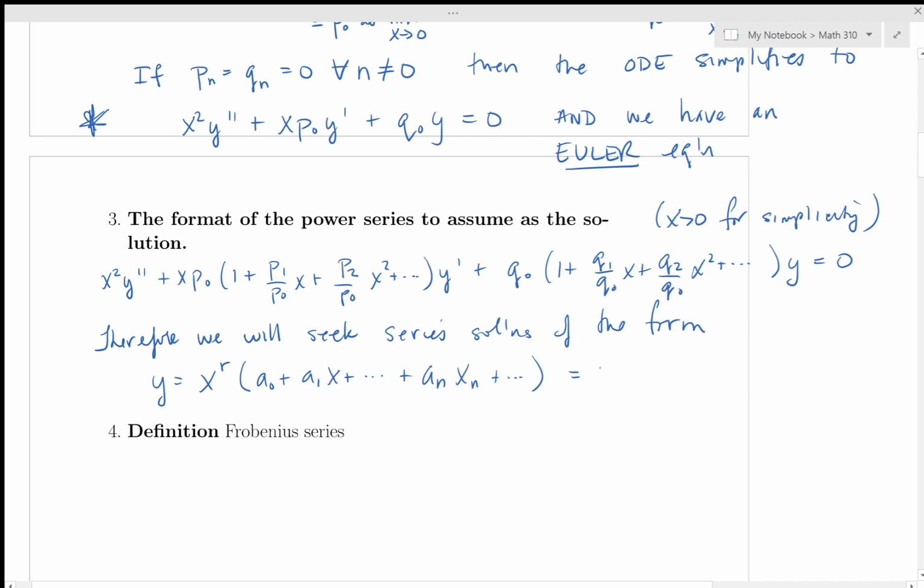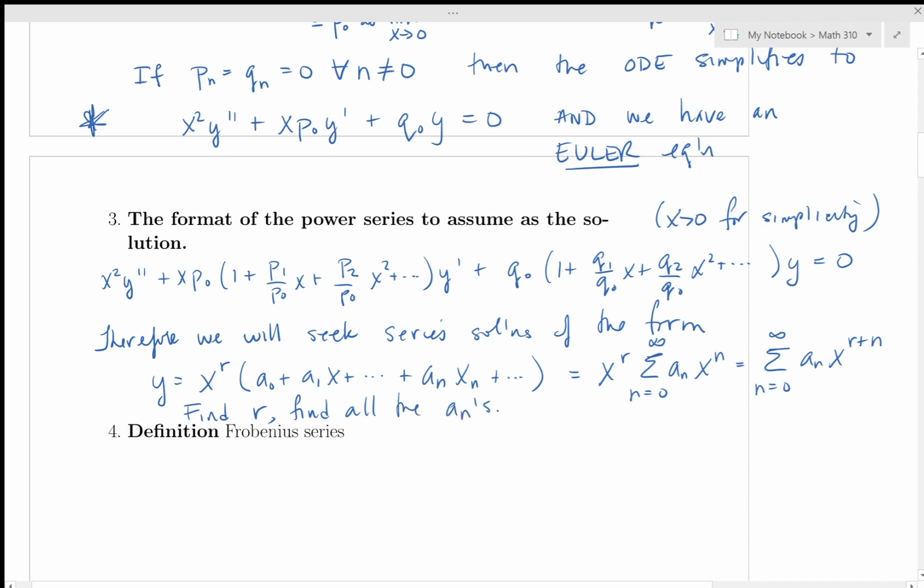That's going to, in its more compact notation, look like this: x to the r times a power series, and then I can move that x to the r in, and I get an infinite series that looks like this. Okay, what is different here? To solve this thing, we'll need to find r. That will be one of our goals, find r, and then find all the a_n's.